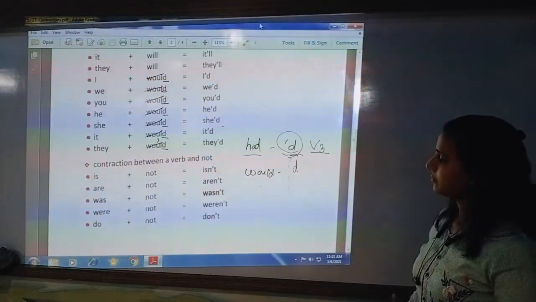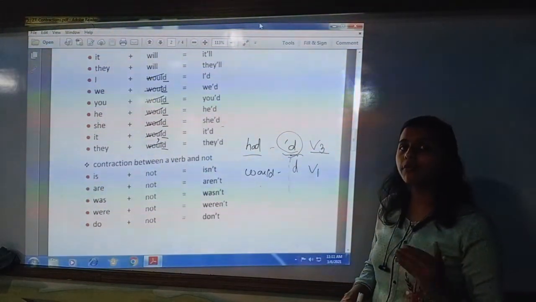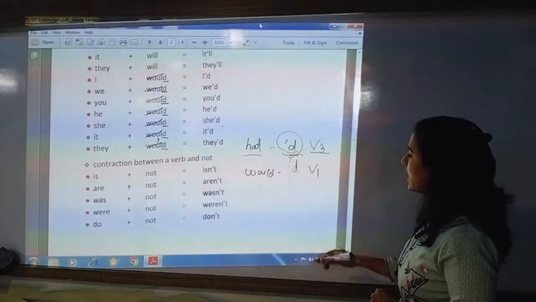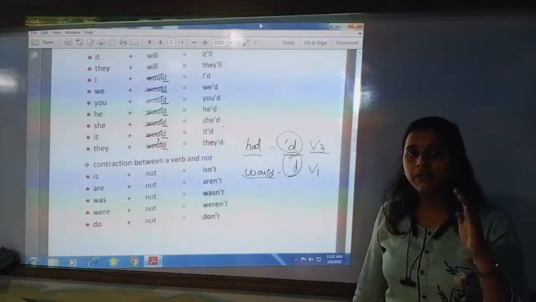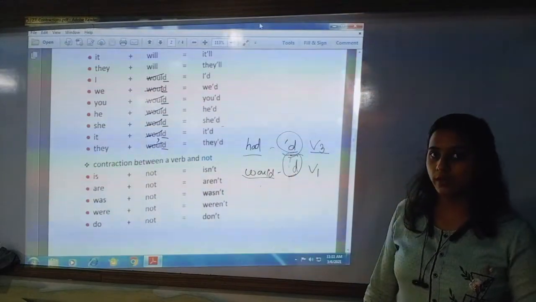And if the verb's first form, that is the original form of the verb, the base form, is used, that means the apostrophe D is for would, because after a modal auxiliary, the verb's first form is used.